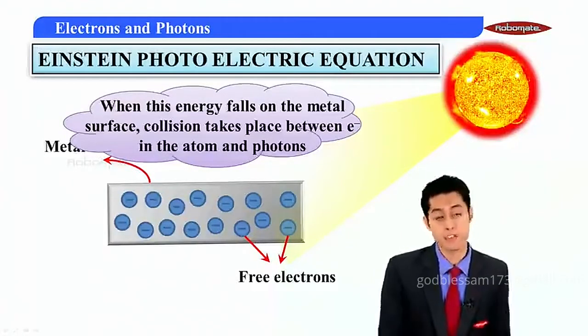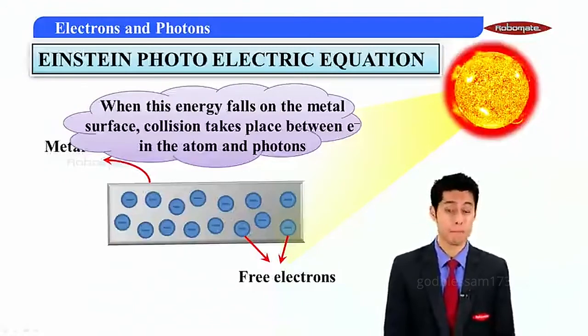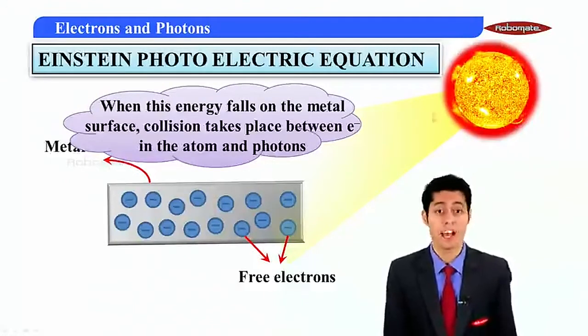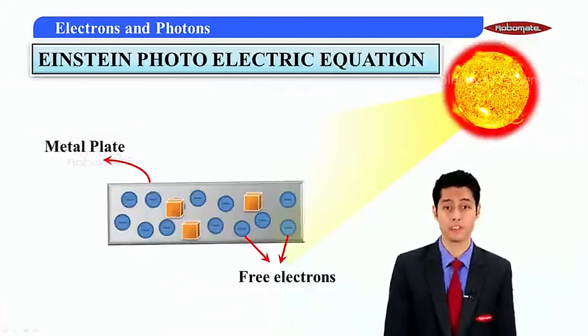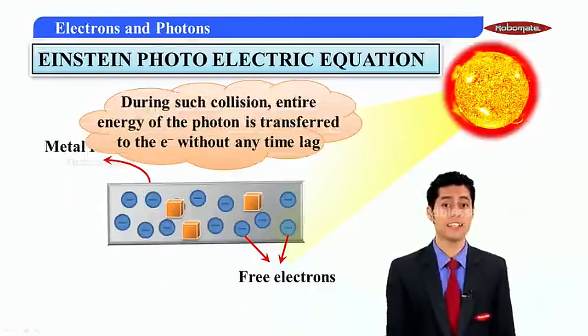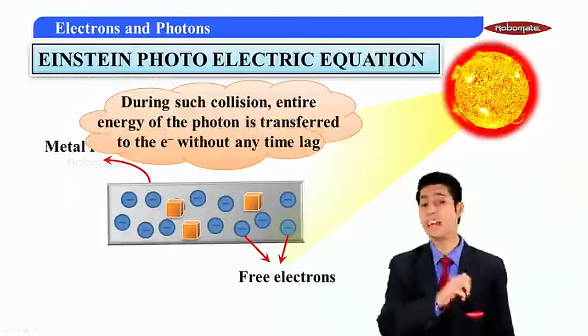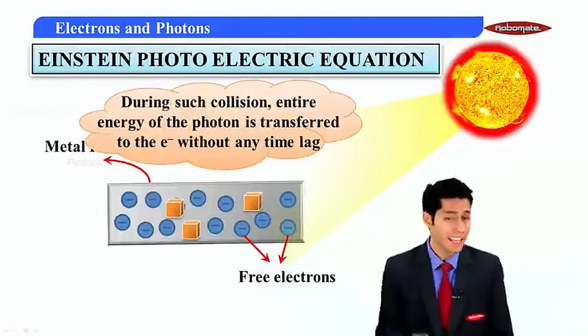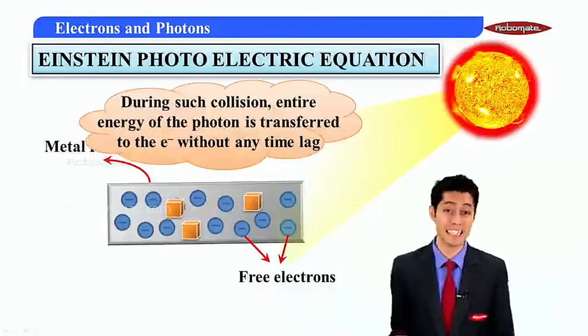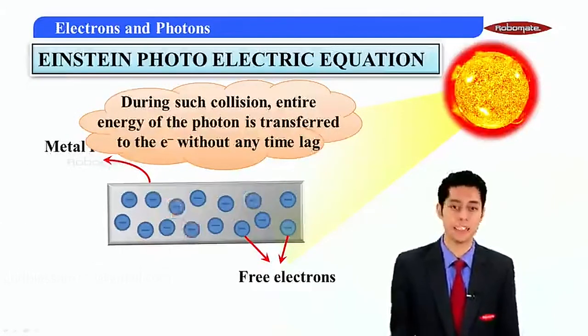This energy which falls on the metal surface makes the photons collide with the electrons. After the collision, the electrons get the energy without any kind of time lag, and the electrons start getting excited.